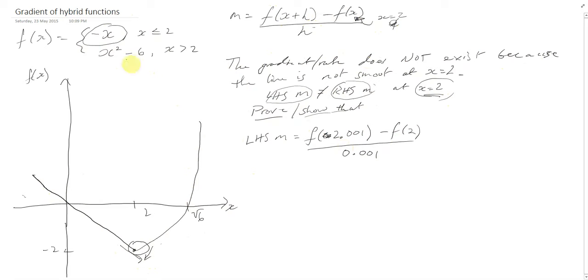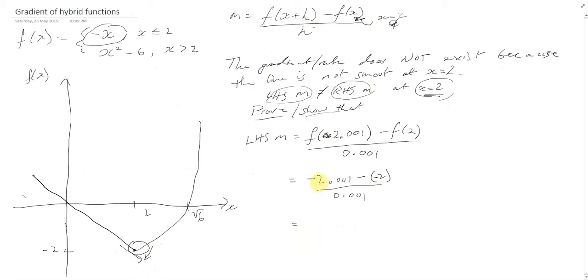Now, like I said, our function is minus x, so what this is talking about is minus 2.001, take away 2, over 0.001. Oh, hang on, I made a small error. Here we've got the function of 2, so that's actually minus 2. So we've got a minus going on there.